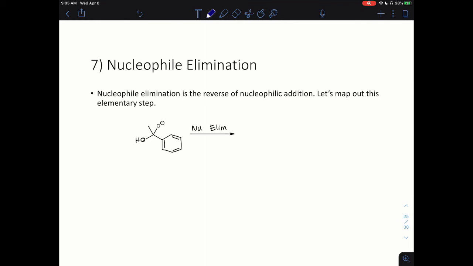If in a nucleophilic addition a nucleophile adds and a pi bond is broken, in nucleophilic elimination a pi bond is formed and a nucleophile is expelled, is eliminated, from the molecule. So you form that pi bond, and then these electrons go with hydroxide.